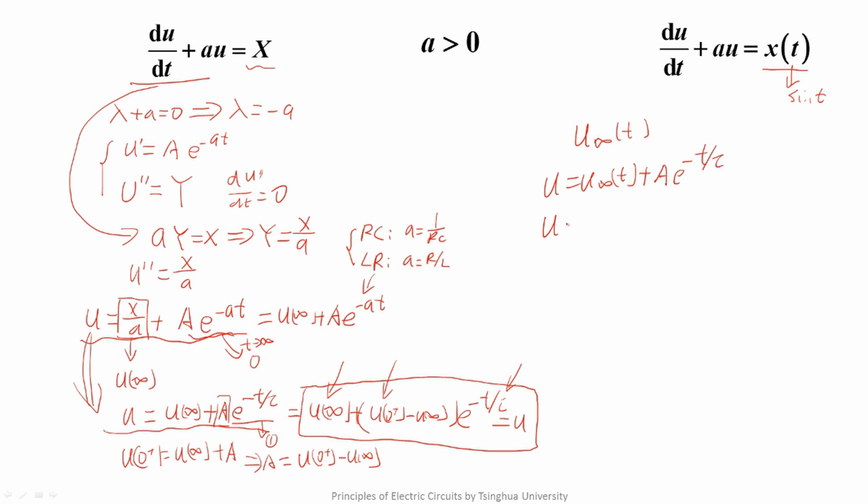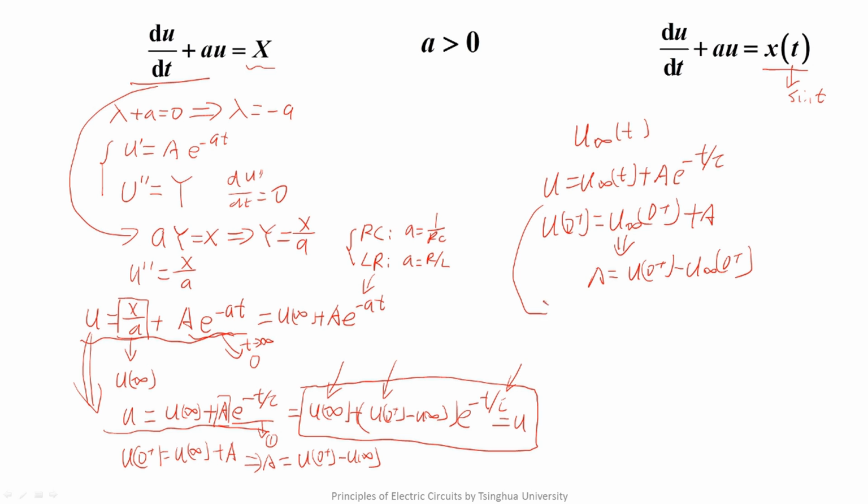U0 plus equals the 0 plus value of U infinite plus A. So A equals U0 plus minus U infinite at 0 plus.